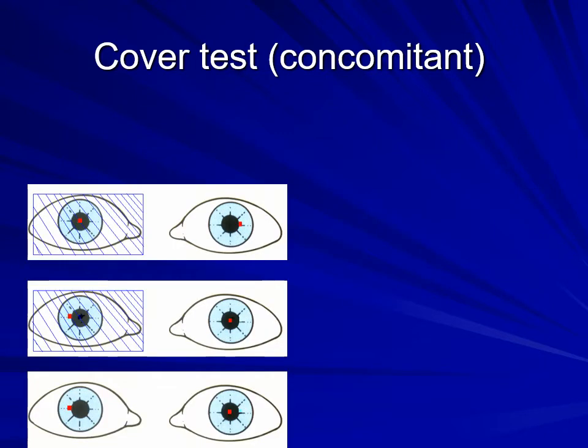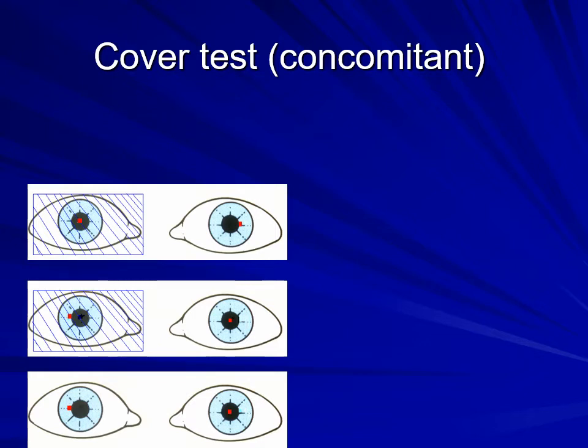The second step in concomitant squint examination is the cover uncover test. Here we will cover the fixing eye, which is the right eye in the picture. So the left eye in the second picture will take fixation with a central light reflex, and after we remove the cover, which is the uncover step of the test, we will find that the secondary angle of deviation is equal to the primary angle of deviation.